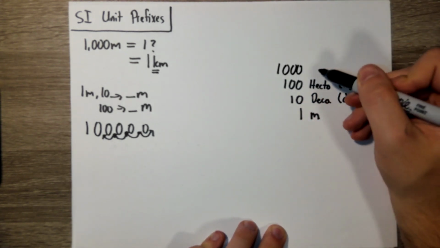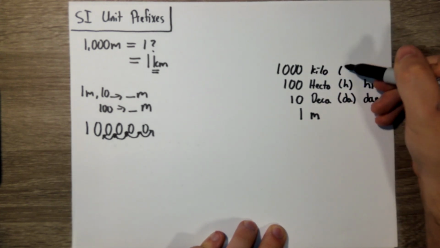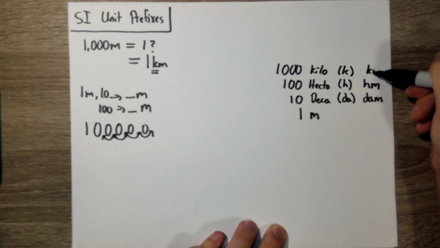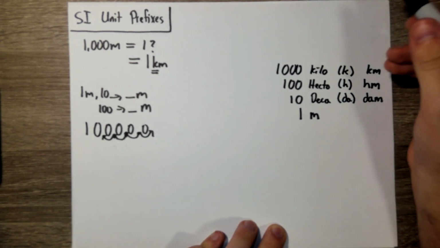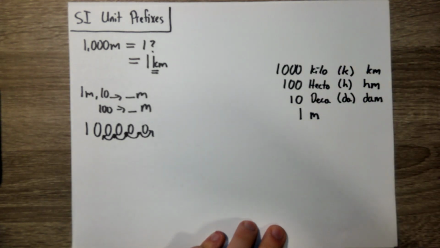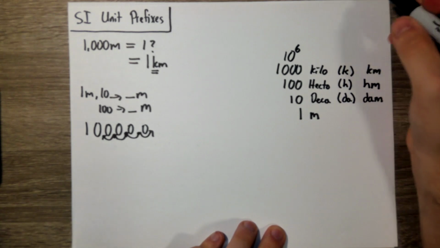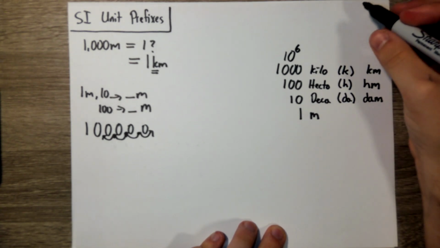1,000 is what we've done already. 1,000 is kilo, given by k. You get kilometer. Now I'm going to skip a few factors of 10 and go to a million, 10 to the power of 6 you can write it as.